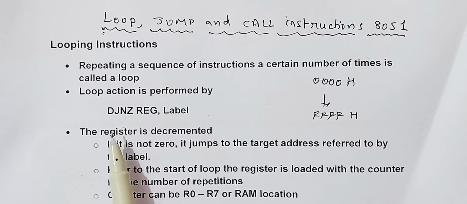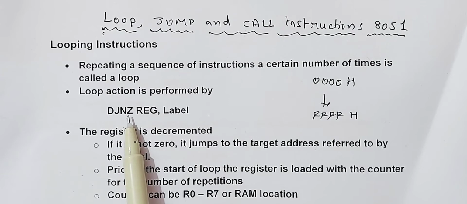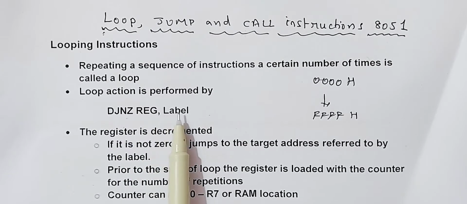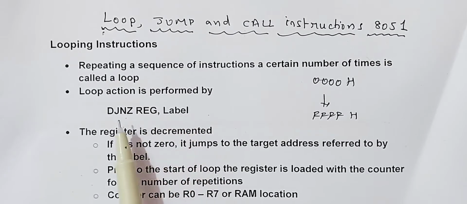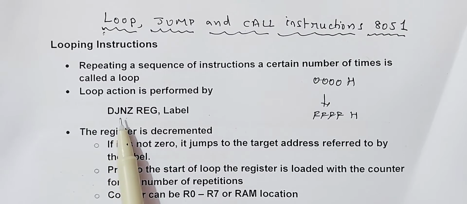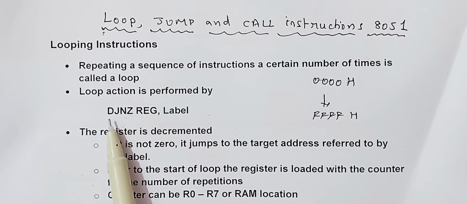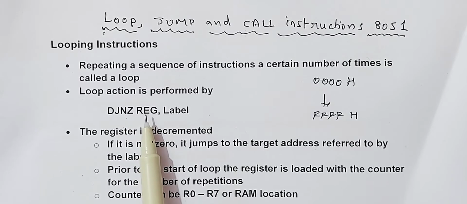So the looping instruction is performed by the instruction DJNZ register, label. DJNZ means decrement and jump if not zero. First you decrease the value of the register by 1.